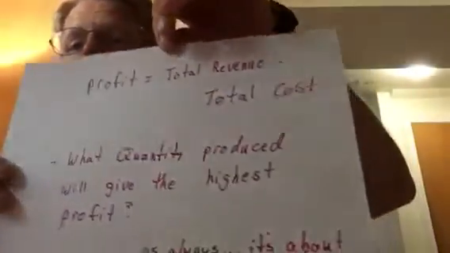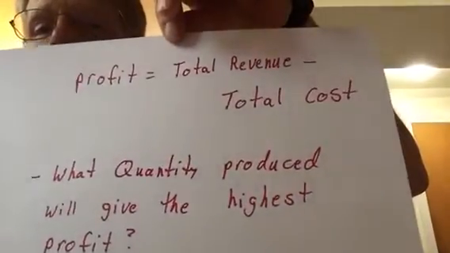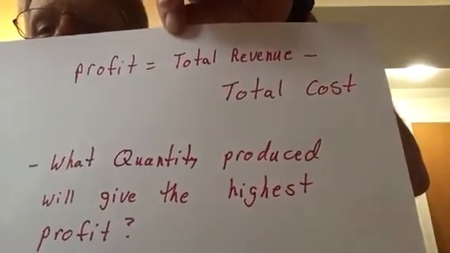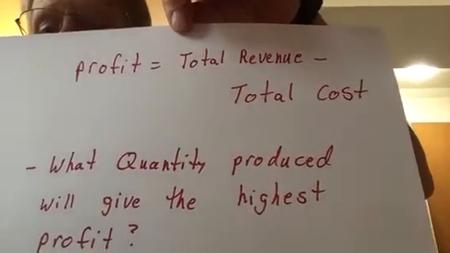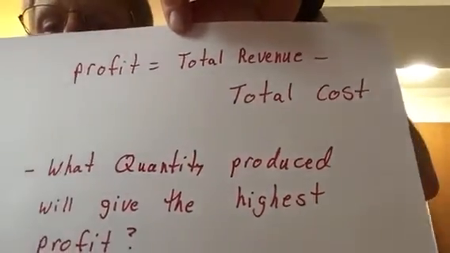Okay, now I'm going to put another piece of paper up here, write all this down, and I'll kind of talk through it. This is our basic question that we're going to be dealing with, like I said, really for about the next month. Okay, here we go. First of all, profit equals total revenue minus total cost. That's what I have written at the top. What does that mean?